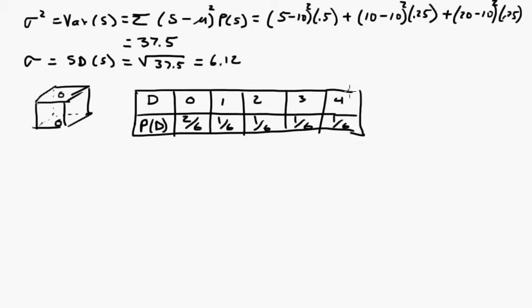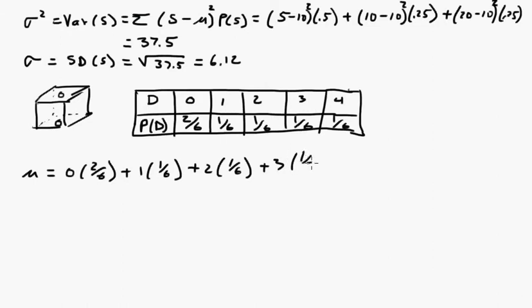So there's our probability model. To find mu, it's just going to be 0 times 2 divided by 6, plus 1 times 1 divided by 6, plus 2 times 1 over 6, plus 3 times 1 over 6, plus 4 times 1 over 6.